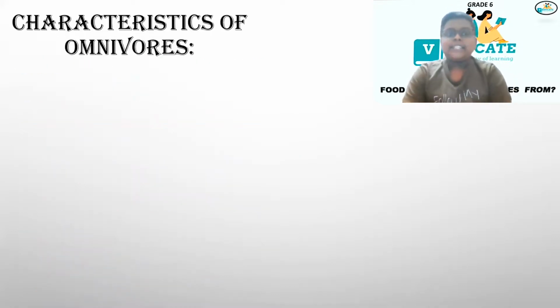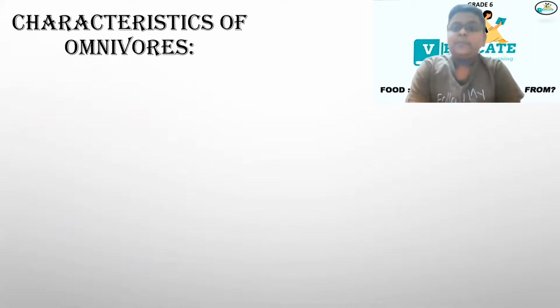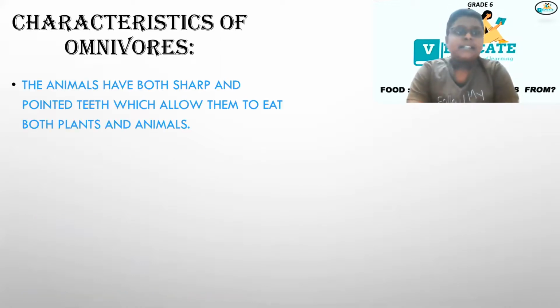Now, the characteristics of omnivores. What is the feature of the omnivore that lets it eat both plant products and flesh? These animals have both sharp and pointed teeth, which allow them to eat both plants and animals.